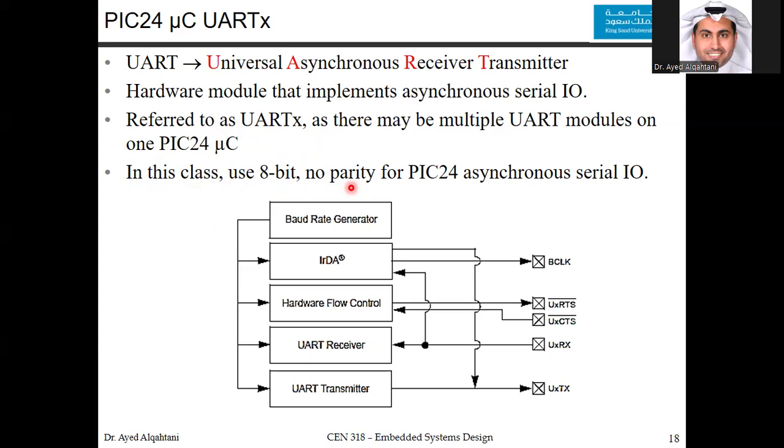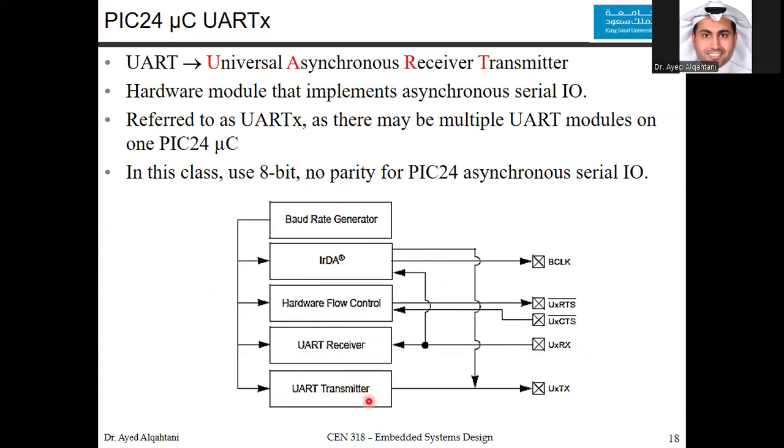Here you can see the UART receiver and the UART transmitter and some other logic that it might need. The receiver receives on UxRX, maybe U1RX. If you check the pin diagram of the PIC24, you won't find this pin, so you need to use the remappable pins again.